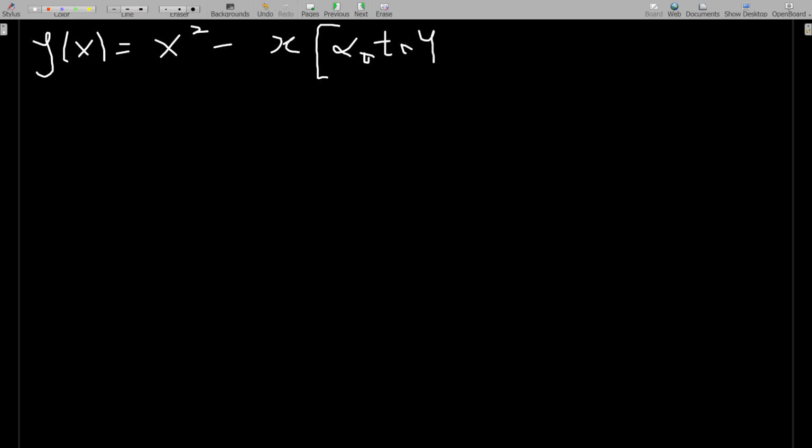So the solution is given by y of x, which is equal to x squared minus x. Then we put our values in: alpha 0, then t0, y0, plus alpha 1 t1 y1 plus alpha 2 t2 y2.